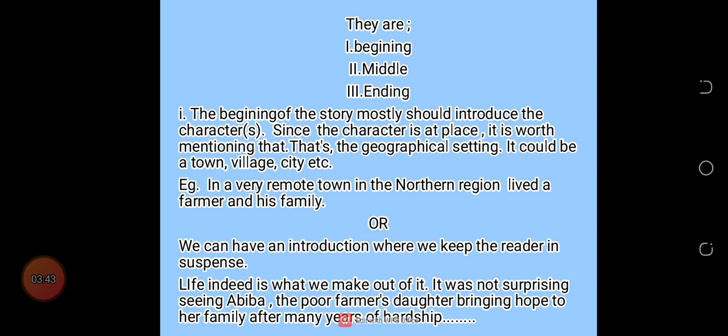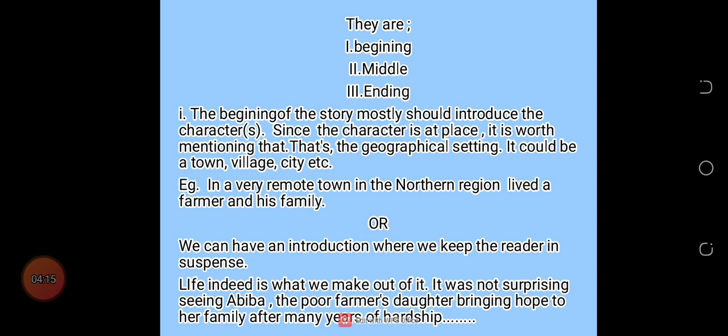Since the character is at a place, it is worth mentioning that. So when you mention the character, you can also mention the place where the person stays or lives. If the person is with a family, if the person is alone, if the person is in a remote area, in a city, in a town, you mention that in the beginning. This is to help the reader imagine.